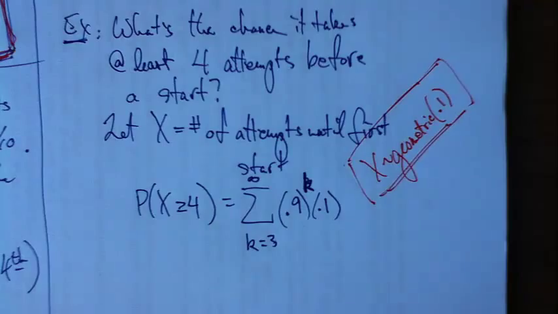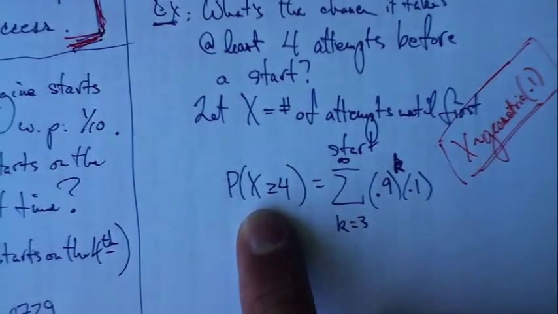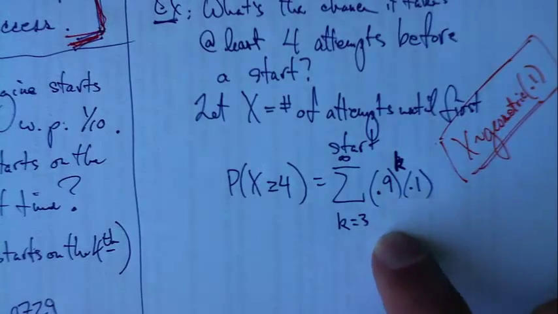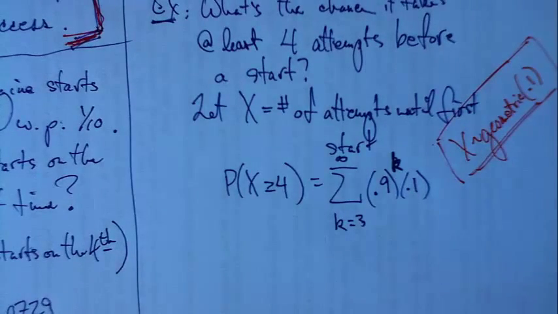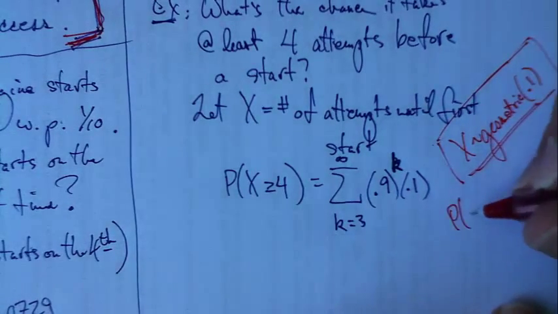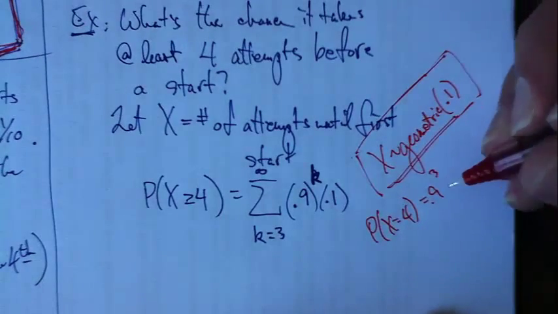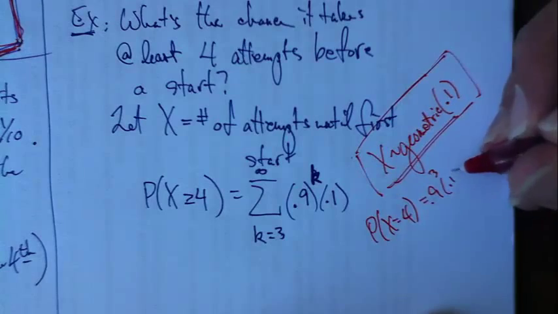So the chance that X is at least 4, that's what we want. I could write it like this. The chance that X equals 4 is going to be 0.9 to the 3rd times 0.1.